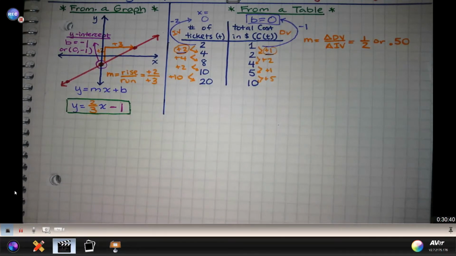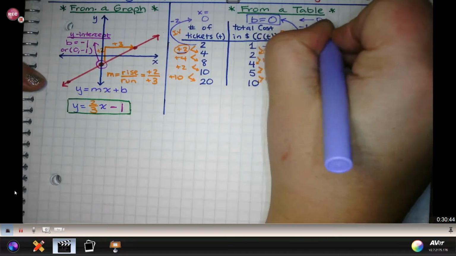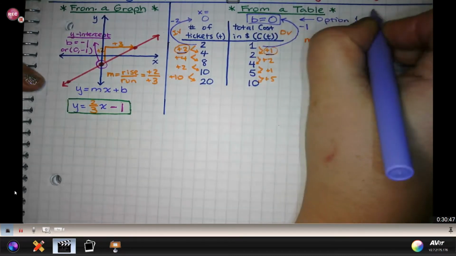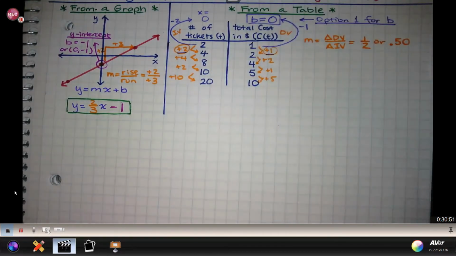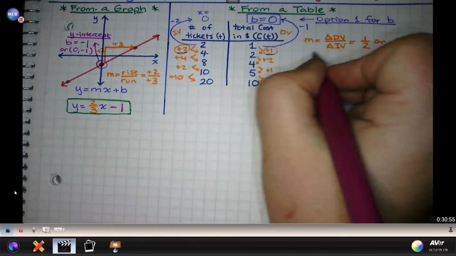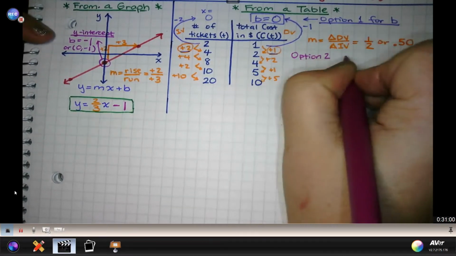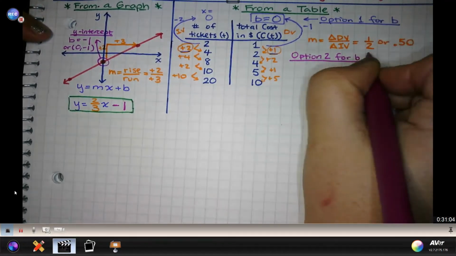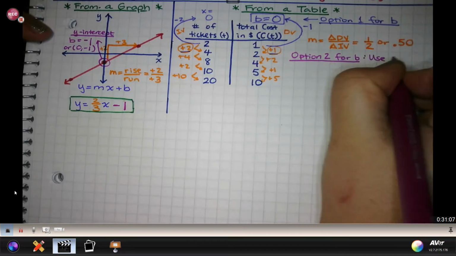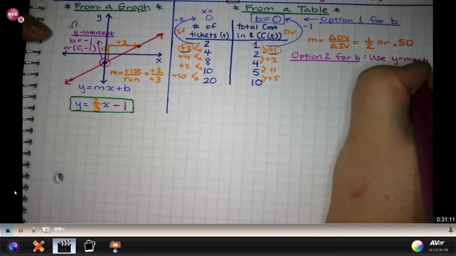Another way to do it, so I'm going to call this option 1 for B. Okay, that's option 1 for finding B. Let's do option 2 for finding B. Which is to use y equals mx plus b.